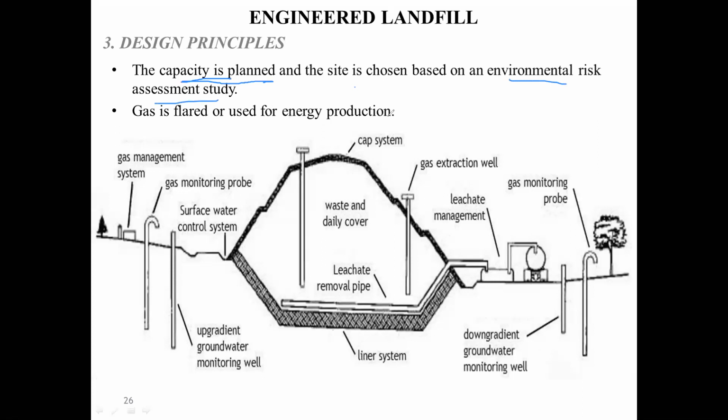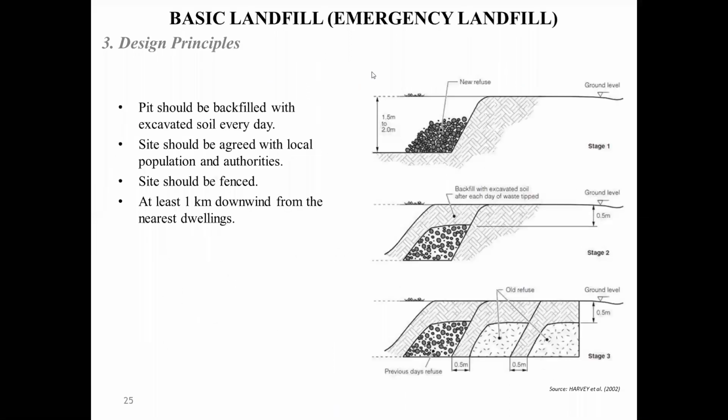Environmental risk assessment means what? Let us first understand what we mean by capacity planning. Just a moment. Okay, I'll take an empty page. When I'm talking about capacity, let us say this is the area of landfill which you have selected. Let us say this is the three-dimensional image I'm going to give you.